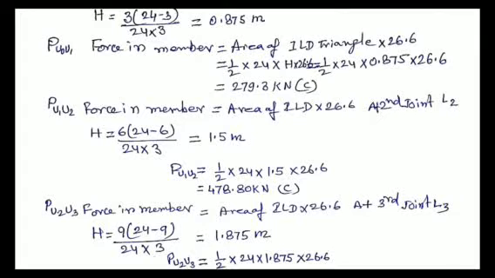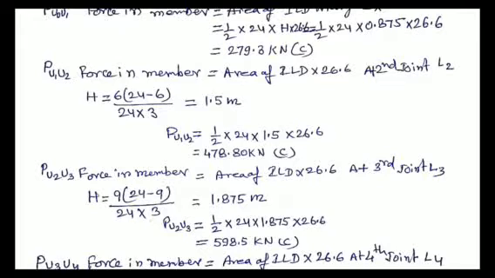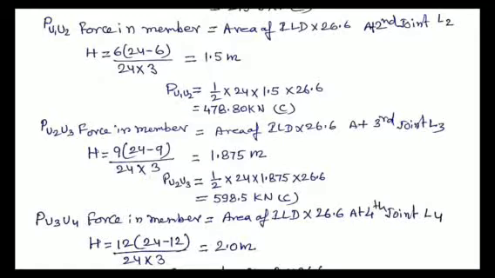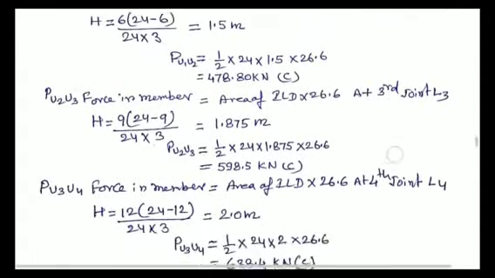So H will be the total length from the left, which is 2 panel lengths, so 2 into 3, 6, multiplied by the span 24 minus 6 divided by 24 into 3. It comes out to be 1.5 meter, the height of the ILD triangle. So the force in member U1 U2 comes out to be 478.80 kilonewton. It is again compressive in nature.